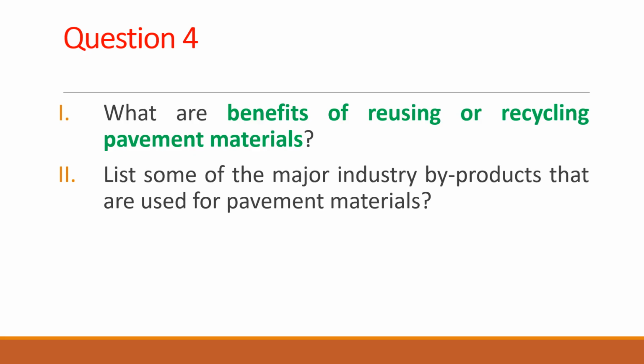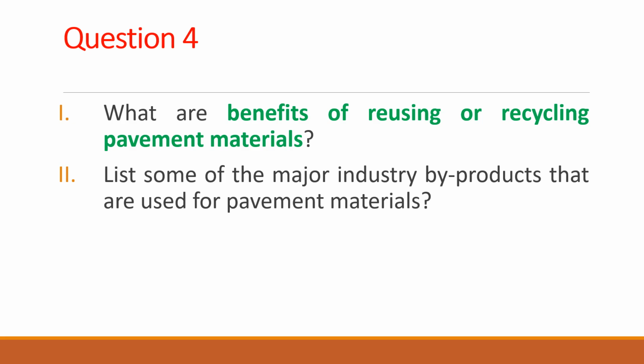We need a lot of materials for road construction because it's many kilometers, isn't it? So we need a lot of aggregates. For getting the aggregates, we need to break rocks, and it is a lot of energy consuming process, isn't it? Even the cement.